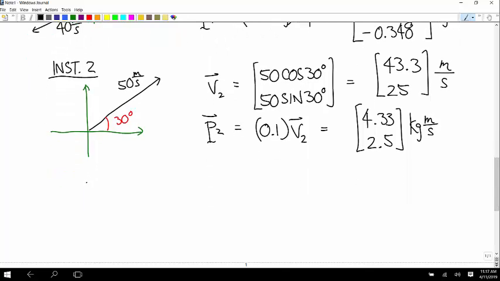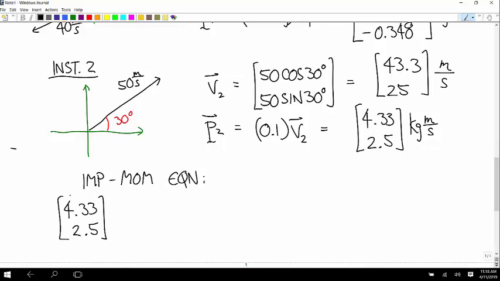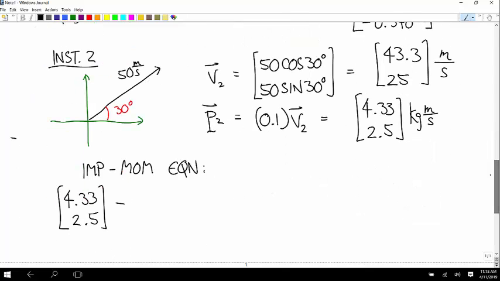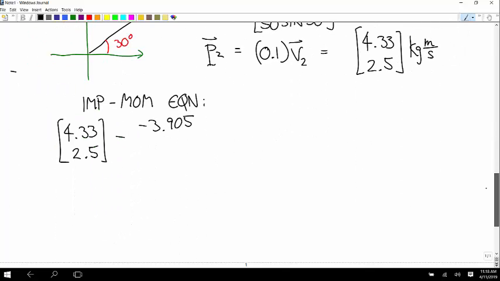And now the impulse momentum equation says 4.33, 2.5, the momentum at instant 2, minus the momentum at instant 1, which is negative 3.905, negative 0.348.